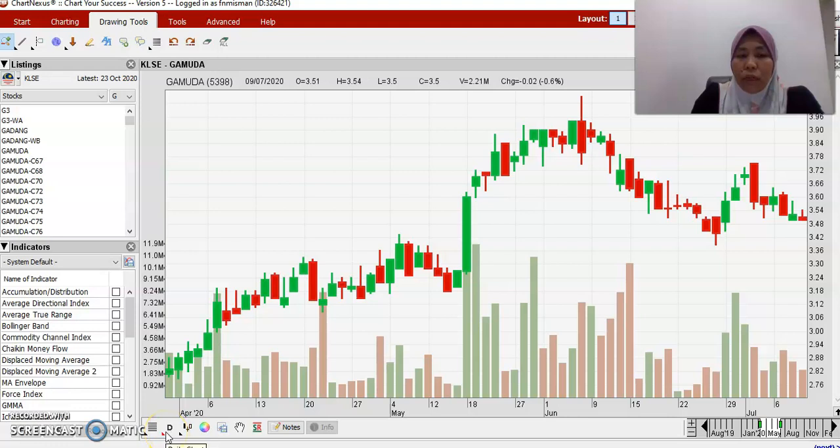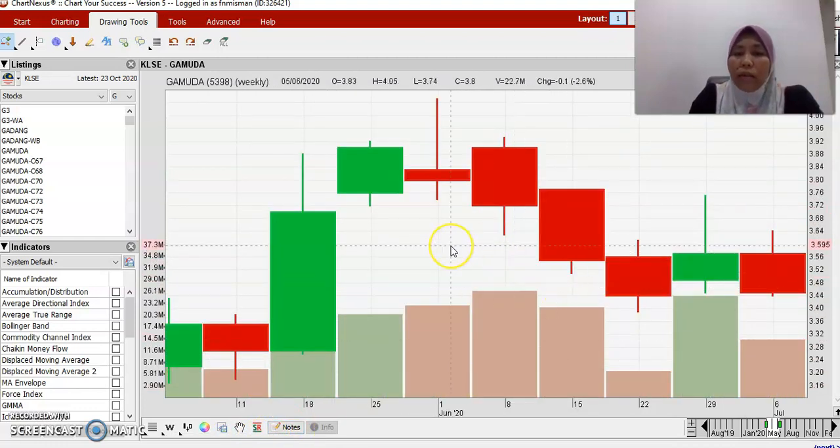If you click the drop-down button, we can see Chart Nexus offers a daily chart, weekly chart, and a monthly chart. This is an example of a daily chart, and then this is an example of a weekly chart.